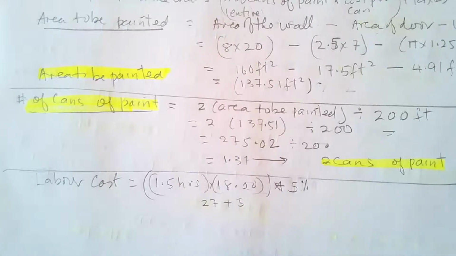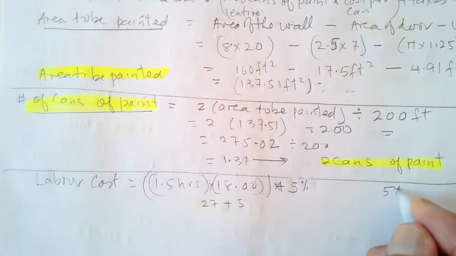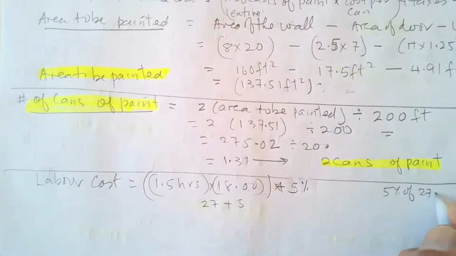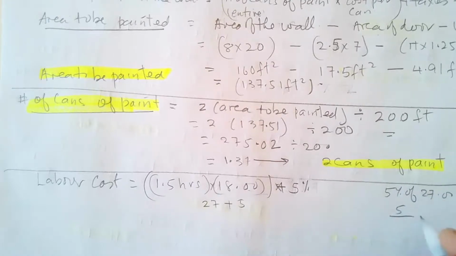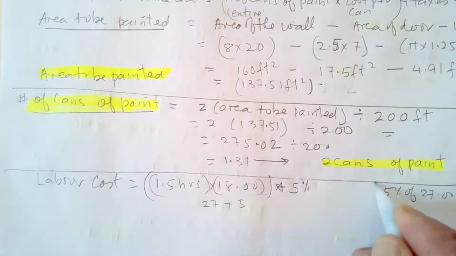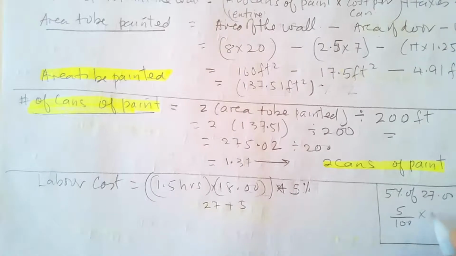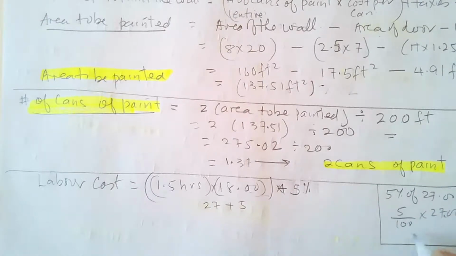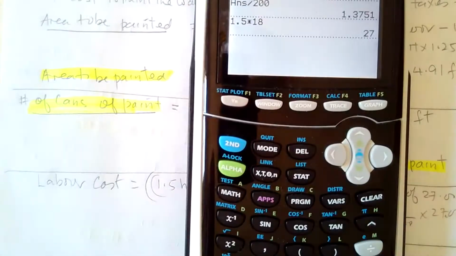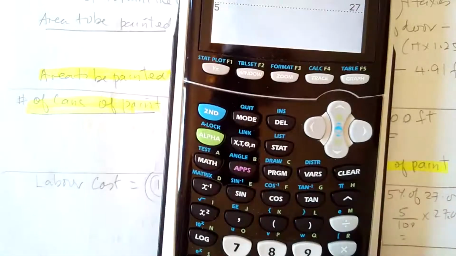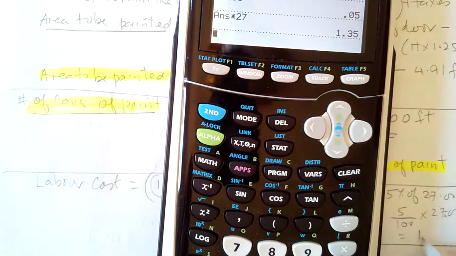Now, 5% of $27 is 5 over 100 multiplied by 27. Let's work it out. 5 divided by 100 times 27 gives me $1.35.